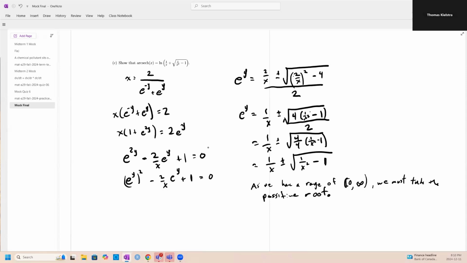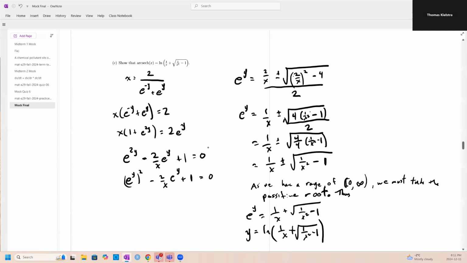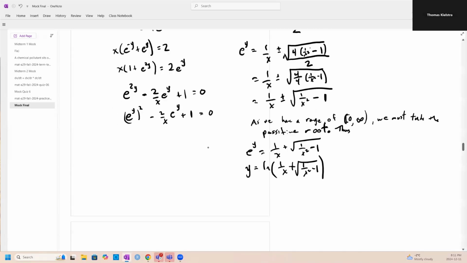Because we have to take that positive root, we have to go off to infinity. This means that e to the y equals 1 over x plus the root of 1 over x squared minus 1. So y equals ln of 1 over x plus the root of 1 over x squared minus 1. We have our solution.